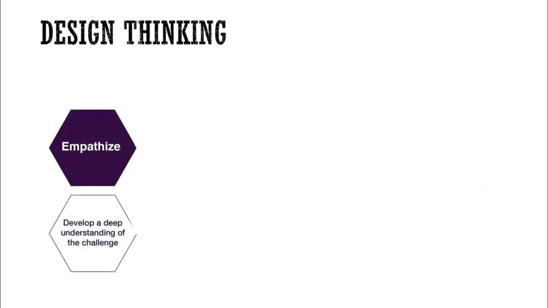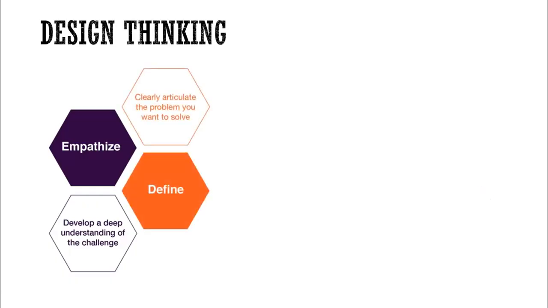So let's go through what are the steps of design thinking. The first step is to empathize, which is to develop a deep understanding of the challenge, which is the problem. And this is where you open up. The next step is to define, which is to pick what problem you're actually going to solve in this cycle of design thinking.